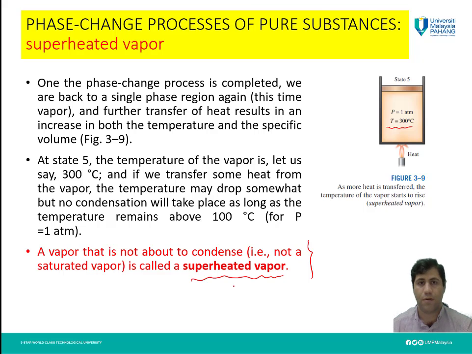Superheated vapor, vapor which is not about to condense. Even if we reduce the temperature, it will not condense. So this is the superheated vapor. This is a phase change process from the liquid to the vapor.